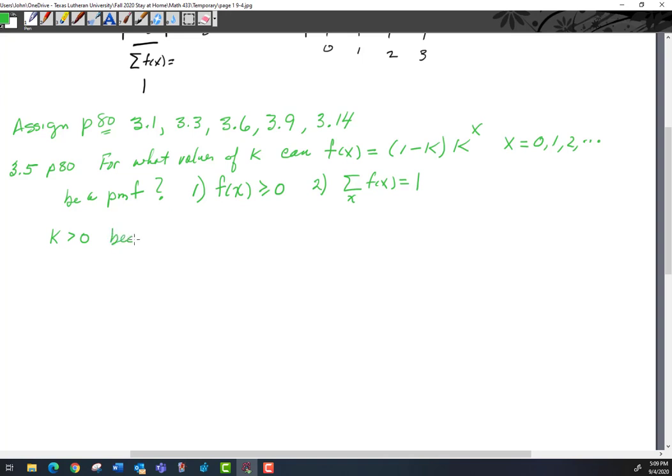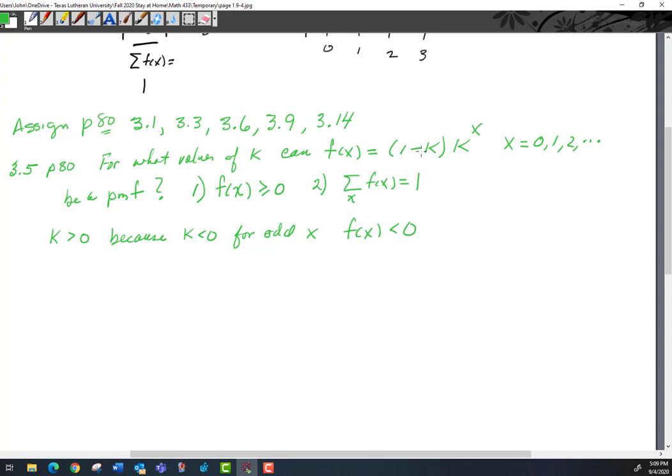It's because if k is less than 0, for odd x, f of x would be less than 0. See, what do we got here? If k is any value less than 0, when I raise it to an odd power, then this term is going to be negative.